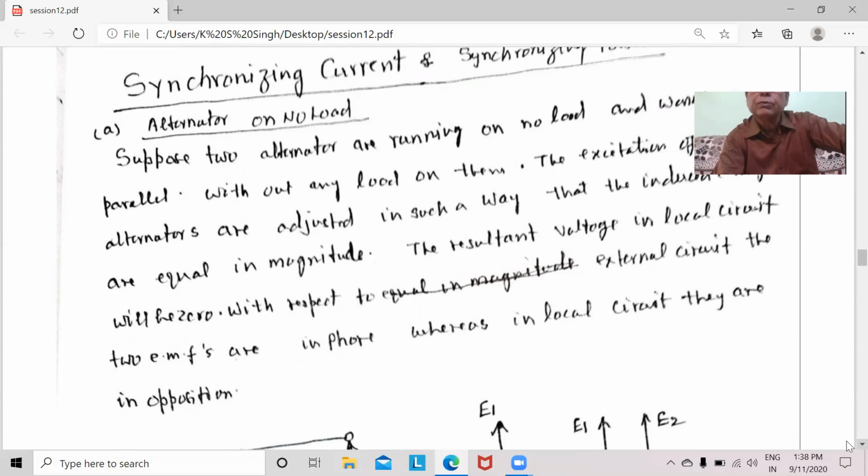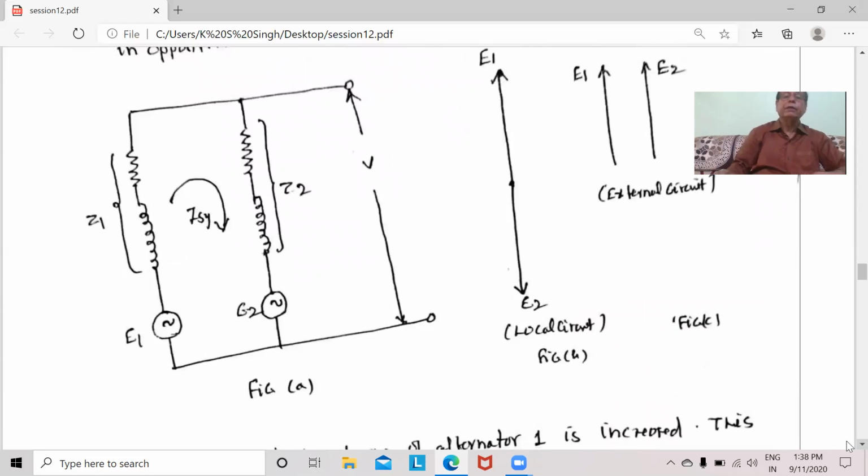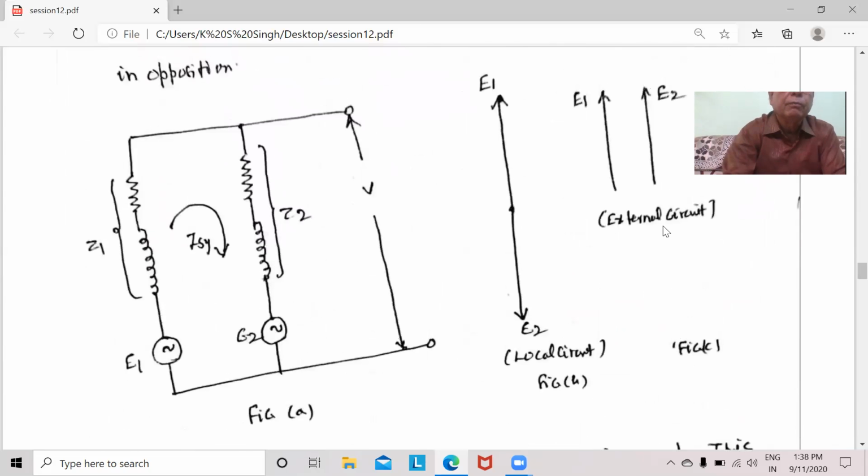With respect to the external circuit, the two EMFs are in phase. Both are excited with the same voltage, E1 and E2.